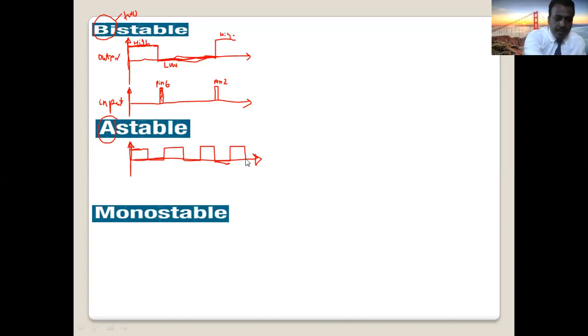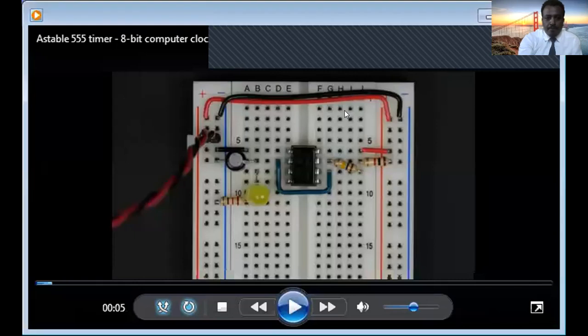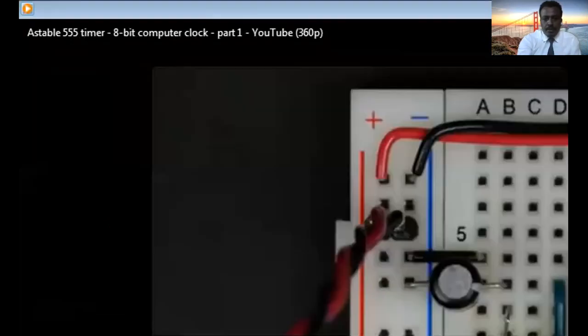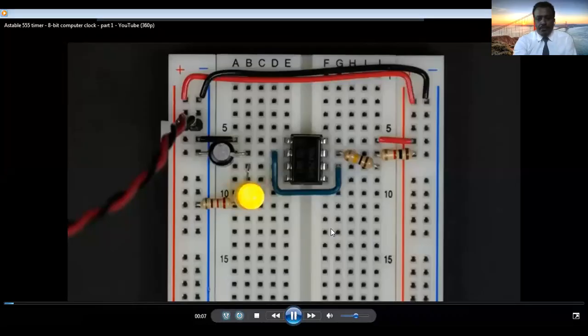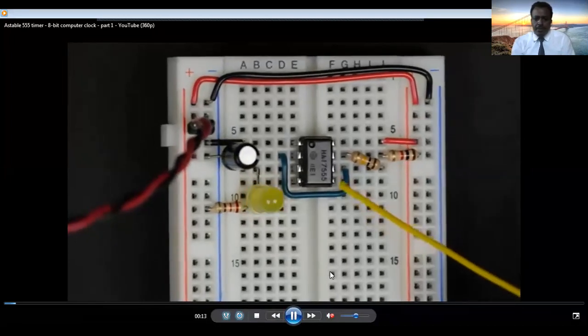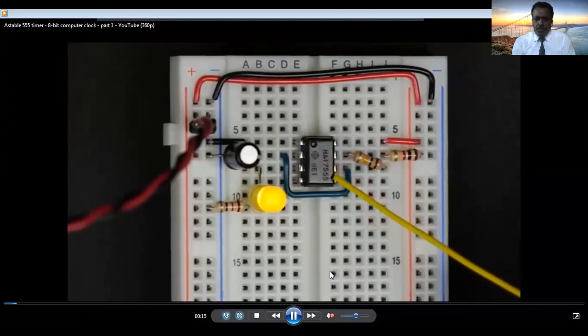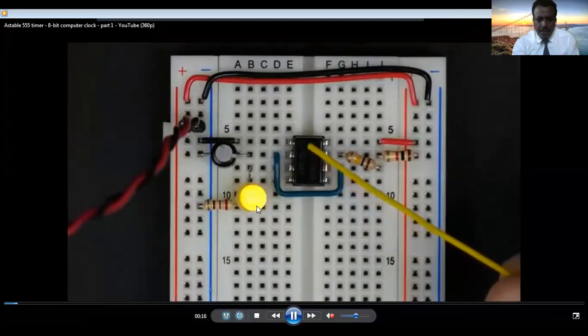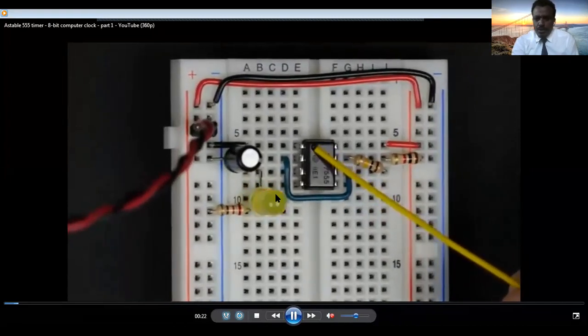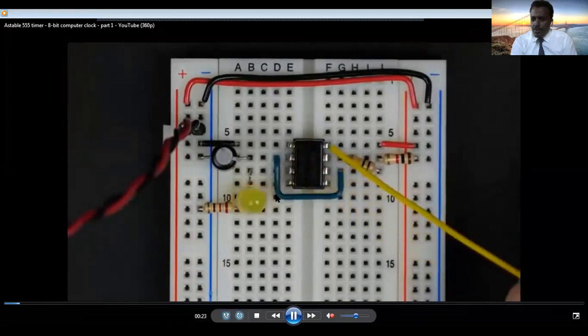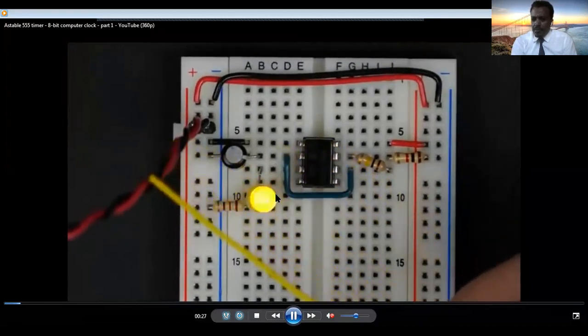If you see this astable mode of 555 timer, as you can see here, the output, the LED, turns on and off without applying any input.